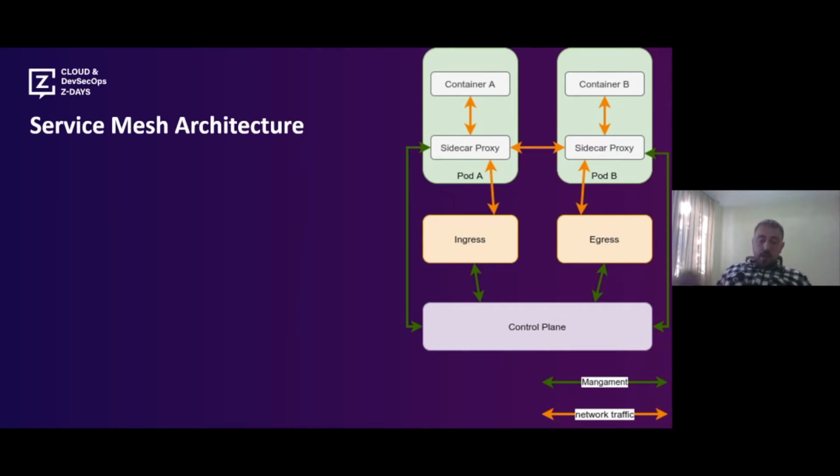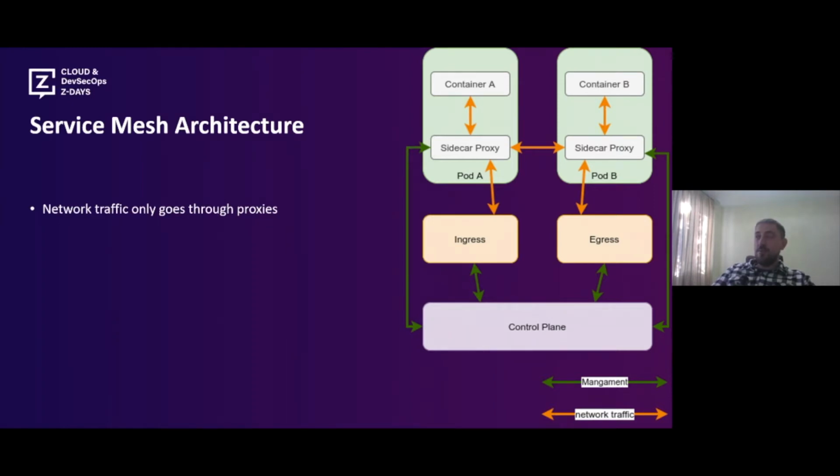So basically the idea is that all network traffic only goes through proxies. You have a so-called sidecar container with a proxy running with each pod or container, and all network traffic only goes through that proxy. Your application running in a container will not be communicating directly with anything, and by anything I mean anything.